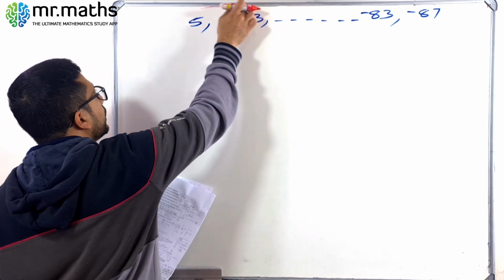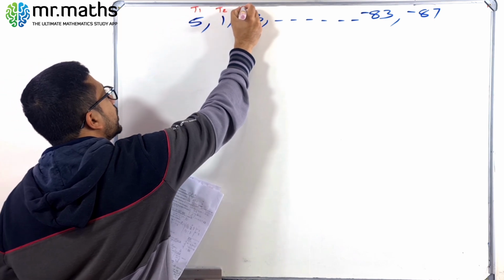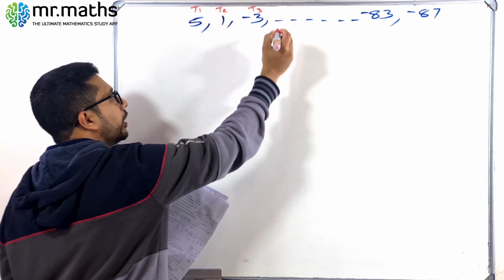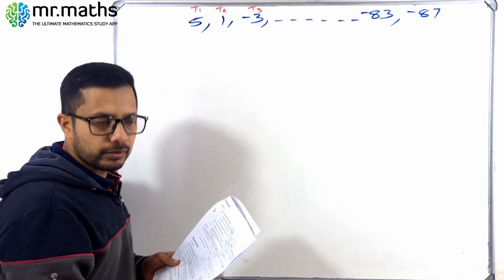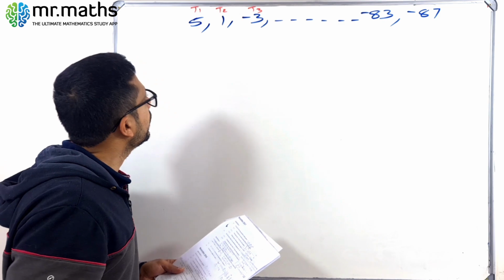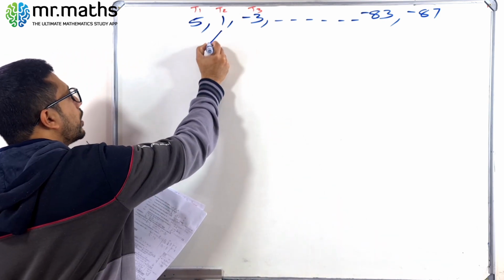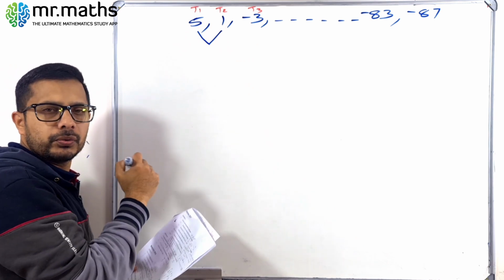Here you can see this one is the first term, this is the second term, this one is the third term. The common difference is the second term minus the first term. Am I right? So here, second term 1 minus first term 5. What is 1 minus 5?